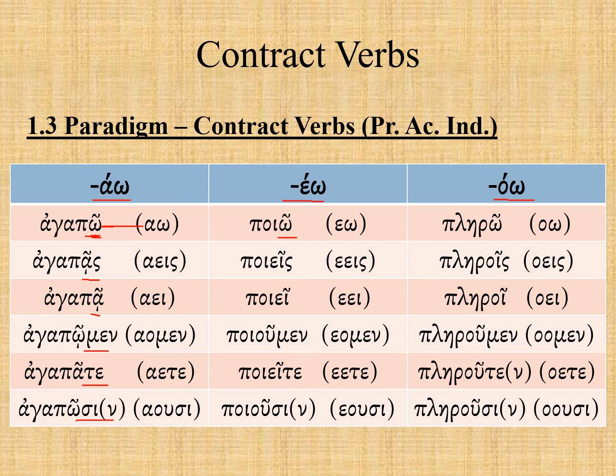Similarly, poieo becomes poio, poieis, poiei, and as you can see, really this circumflex in these two are the only ones that seem to be something different. Poioumen, same here, poieite, this is a instead of ete, poiousi, and so forth. Similarly, plerao, plerois, pleroi, it's a little bit different ending since we have the omicron there. But plerooumen, plerouite, and plerousi are very easily identified.